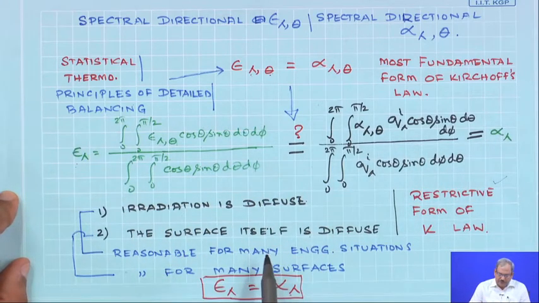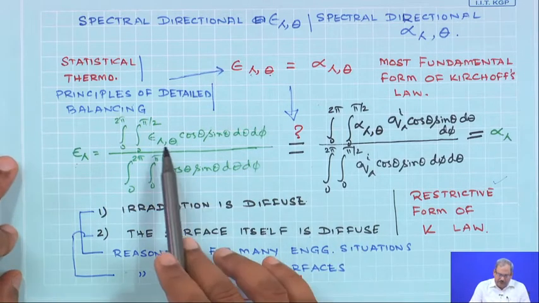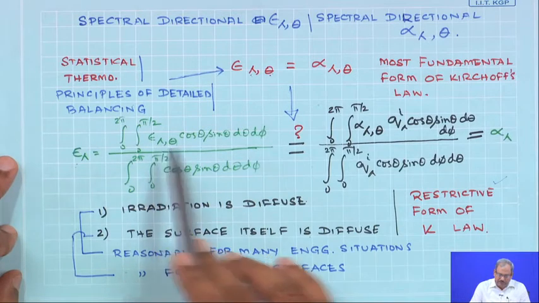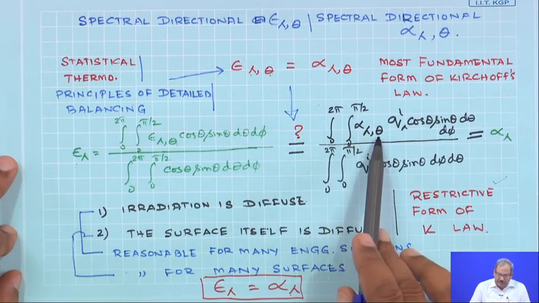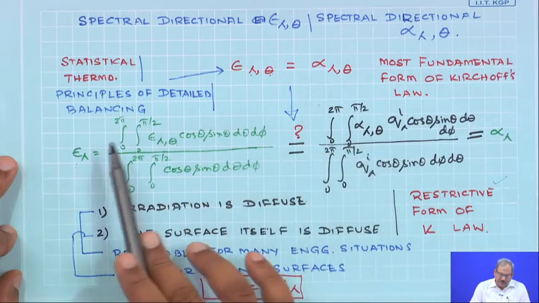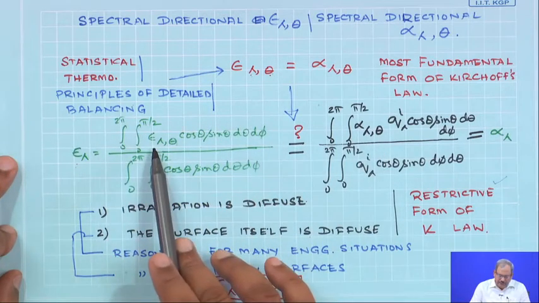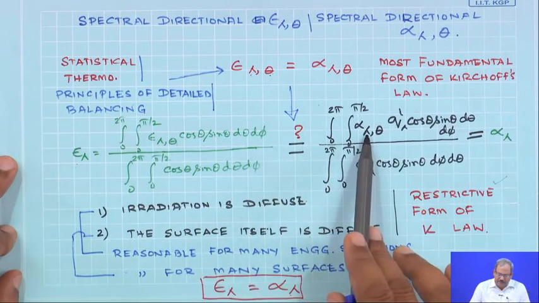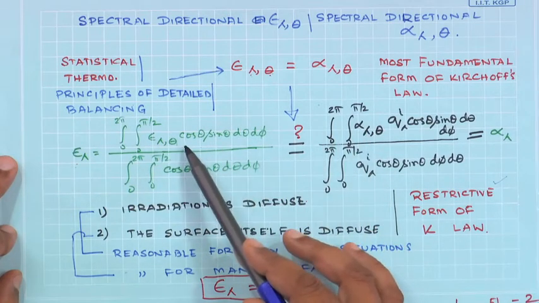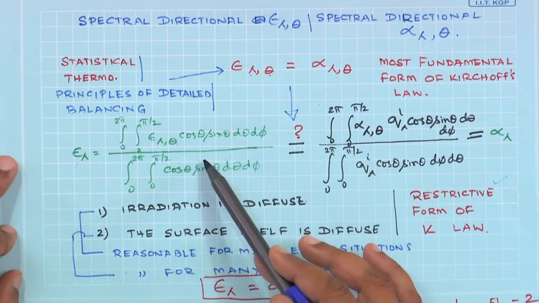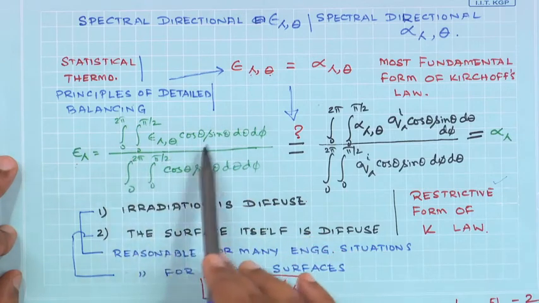Secondly, if the surface itself is diffuse, then epsilon lambda theta and alpha lambda theta are independent of the direction. So, they can be taken outside, and since epsilon lambda theta and alpha lambda theta are the same, the numerator and denominator will simply cancel out.